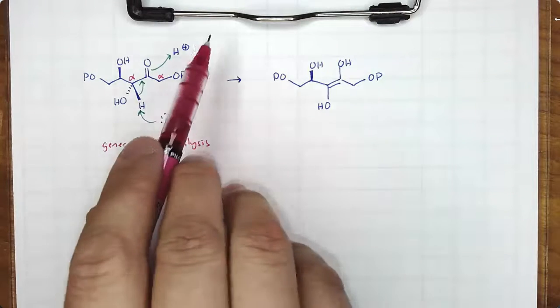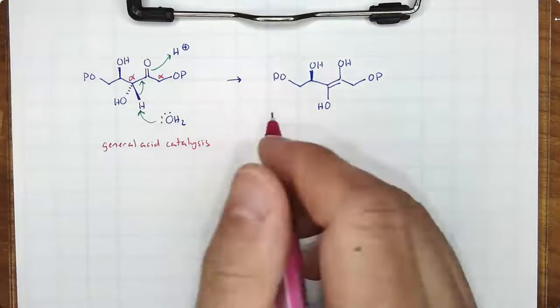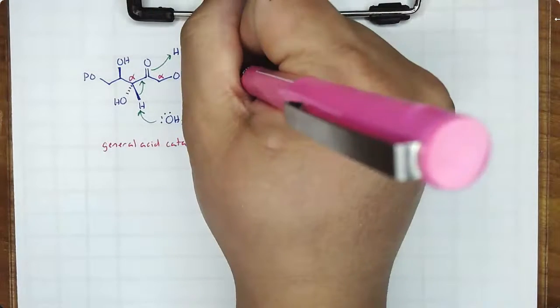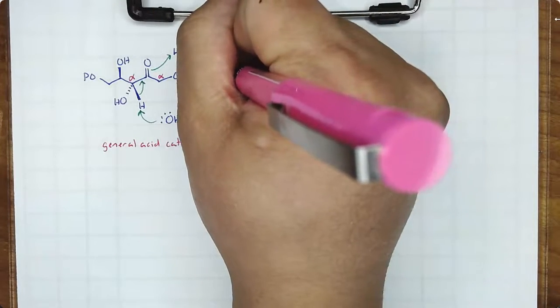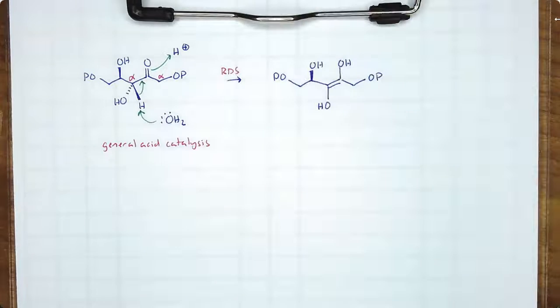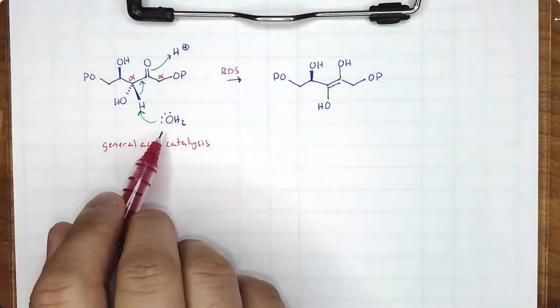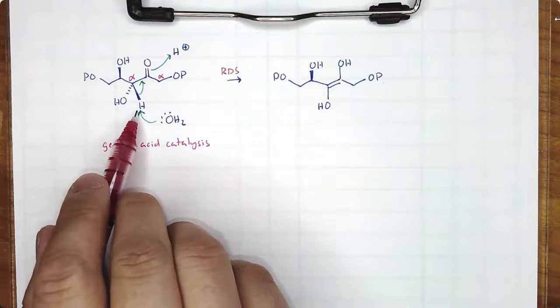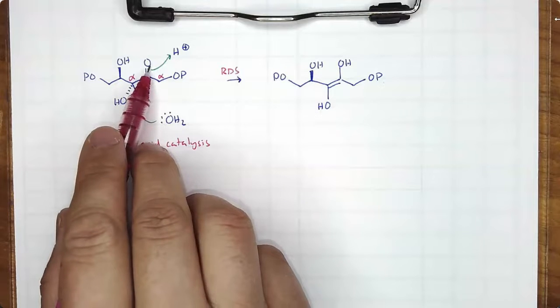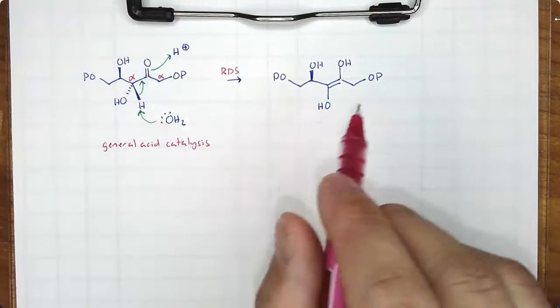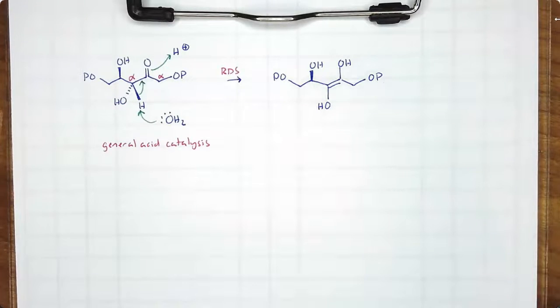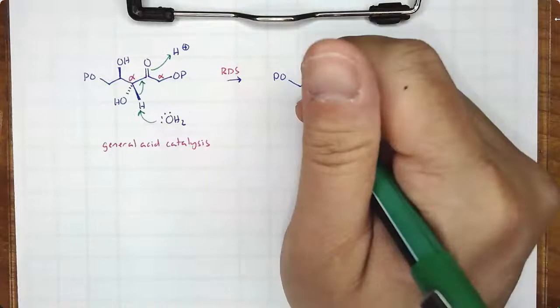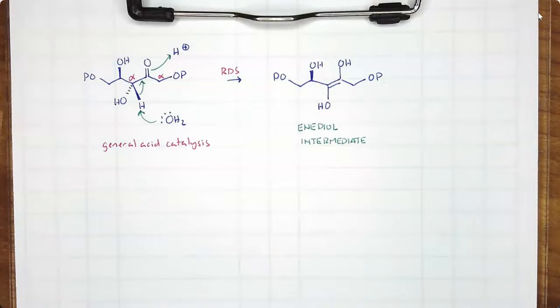So this happens at the same time, concertedly, at the rate determining step. And when we remove this alpha proton and make the double bond here and protonate this oxygen, we get this enediol intermediate. Okay, let me draw now the next step.